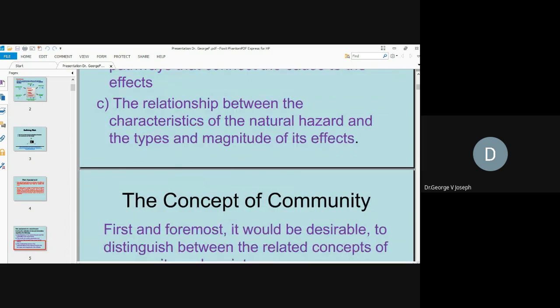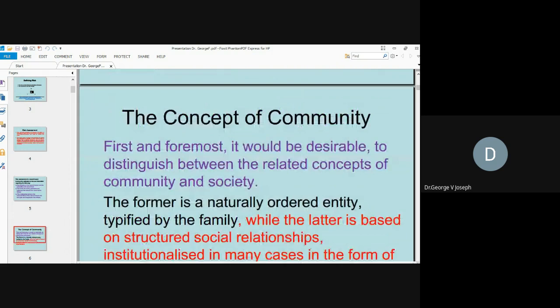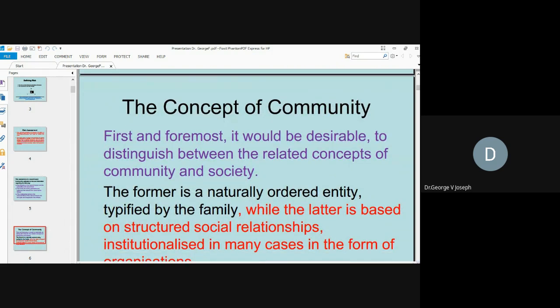When we speak about risk and vulnerabilities, it is important to understand the concept of community. First and foremost, a community is a naturally ordered entity, just like a family, where many people live.